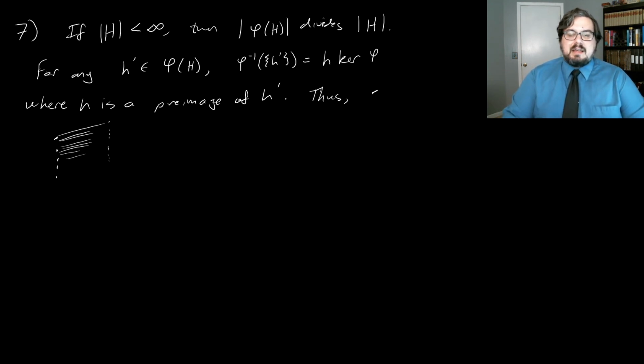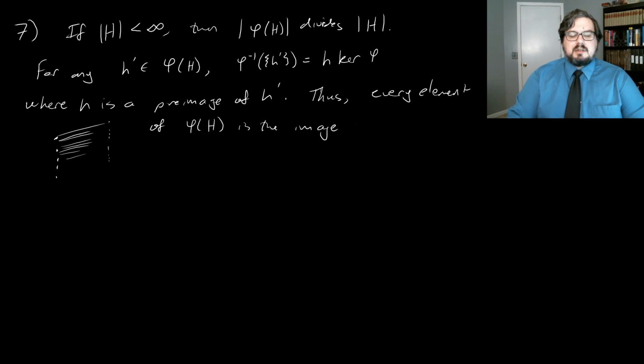So every element of phi of H is the image of a number of elements of G that is equal to the order of the kernel of phi.